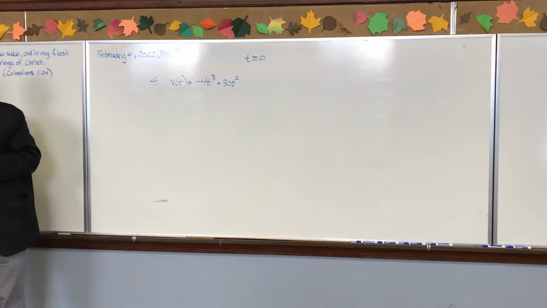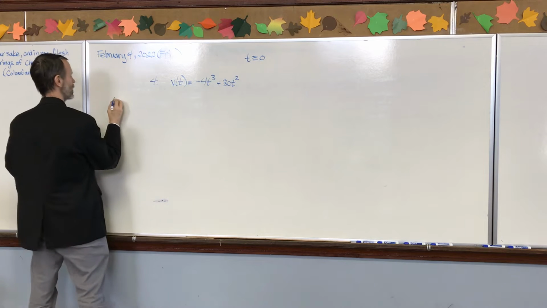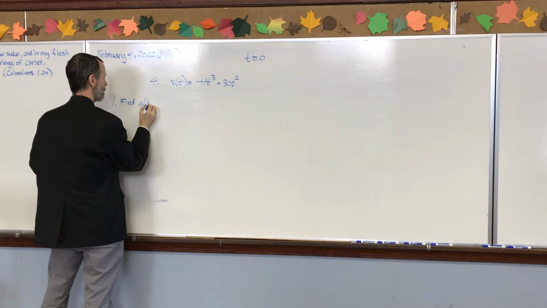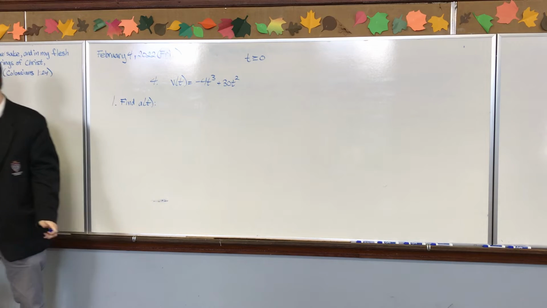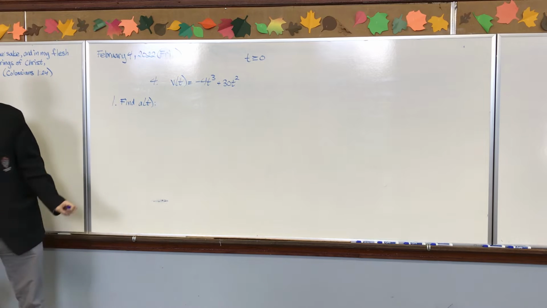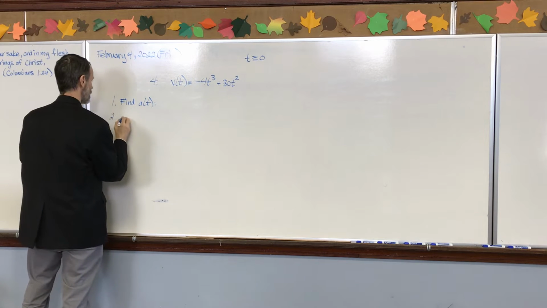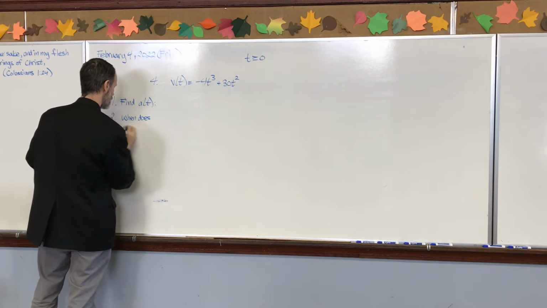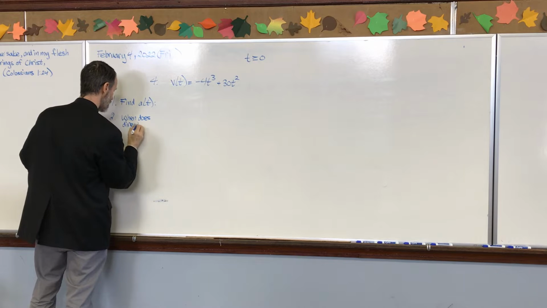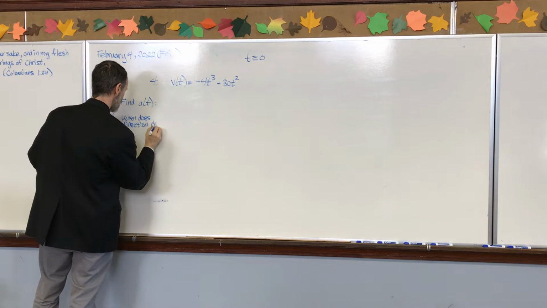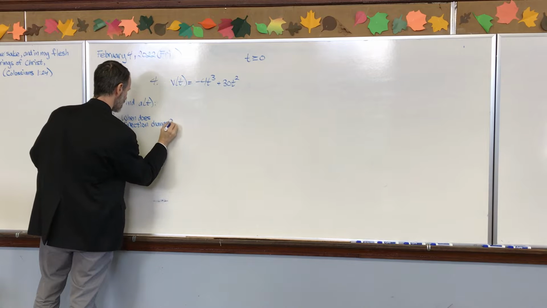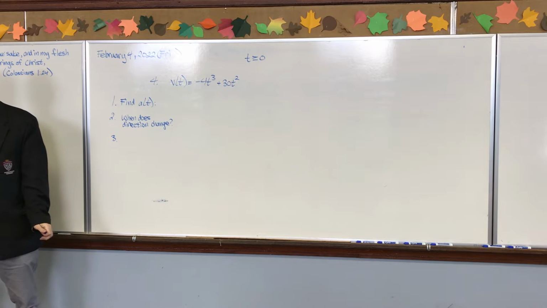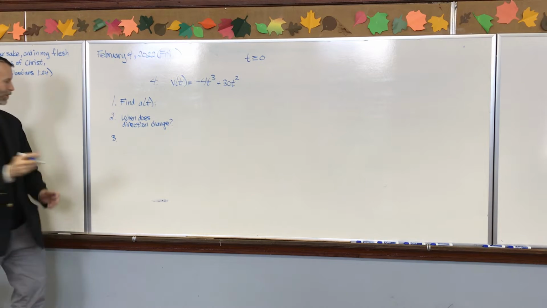For each problem, I said find the acceleration function. So here's what they want us to do. Question 1, find a of t. Question 2, the times when the particle changes directions. Third, the intervals of time where the particle is moving left and then moving right.